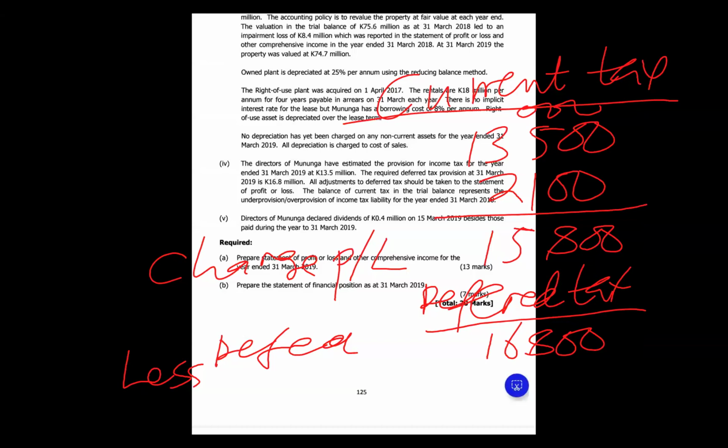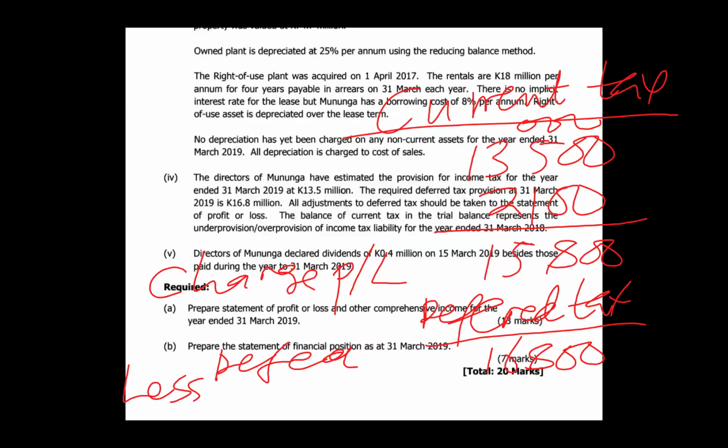You're going to deduct how much? The 25,200. And the difference between these two will be the negative value. This one, obvious. How much is this? 16,800 minus 25,200. This is negative 8,400.